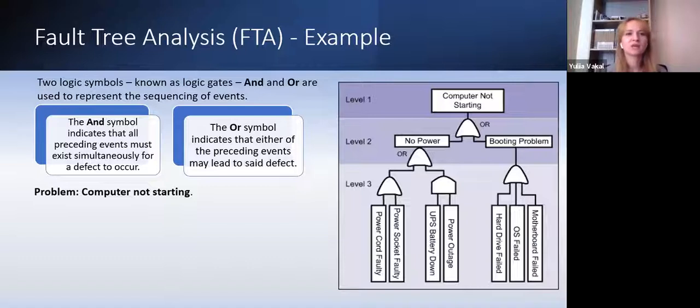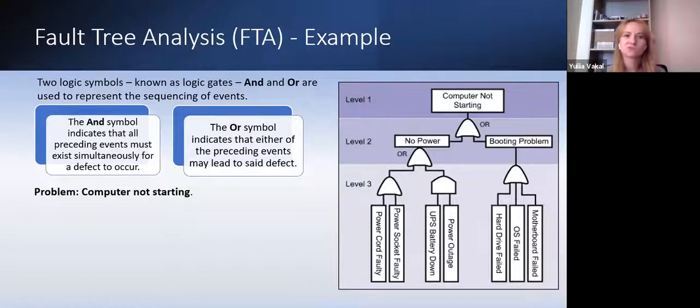The problem we have here is: computer not starting. That's a bad thing, but it happens quite often. The next level is which causes could be no power or booting problem.